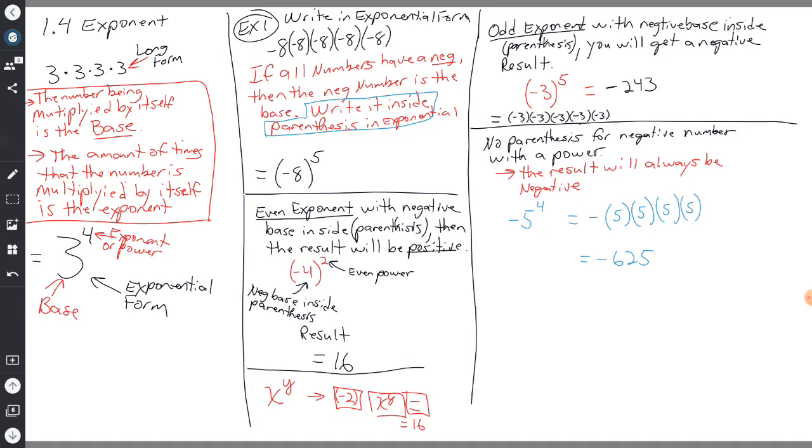And so unlike this here where we have the negative inside of the parentheses, when it's not in parentheses, we're going to always have a negative result. And it doesn't matter if you have an even or odd exponent.